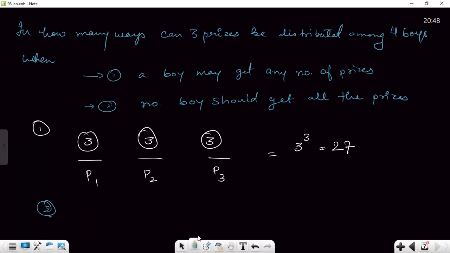It will have a difference. So whenever finding the number of ways for an event is getting difficult, we'll find the total number of ways minus its opposite. No boy should get all the prizes, so its opposite is that a boy gets all the prizes.